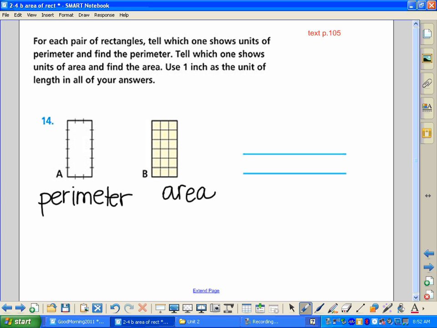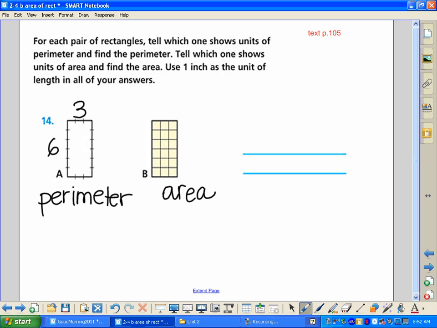Okay, so what is my perimeter for A? 1, 2, 3, 4, 5, 6. What's on the top? 1, 2, 3. Since I know that the sides in a rectangle are congruent, this side is congruent to this side.